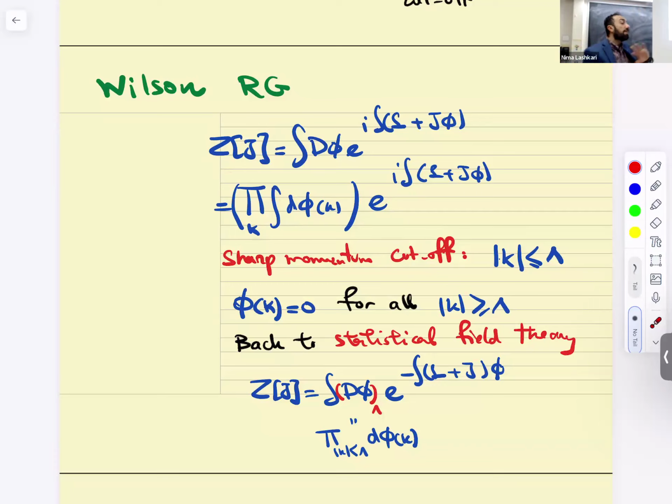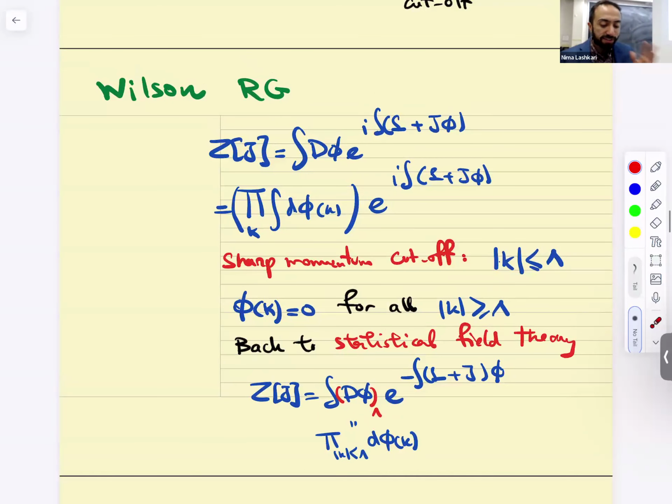What I'm trying to argue is how is it possible that the effect of the UV modes could be captured as just a bunch of shifts in the couplings? So we're going to try to see how that's possible and how true that is. Not every theory we construct is renormalizable. I also said at the very beginning that renormalizability is not a big deal. We make a big deal out of it in this course at the beginning, but not that much of a big deal. So we're going to discuss all of that.